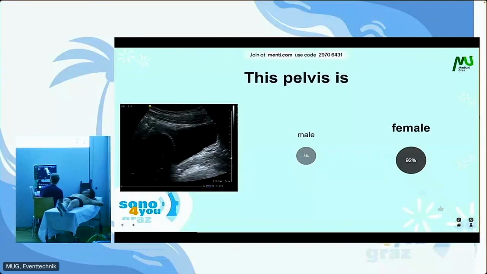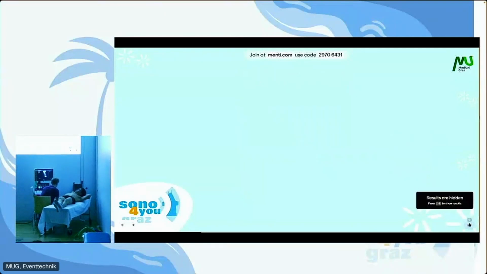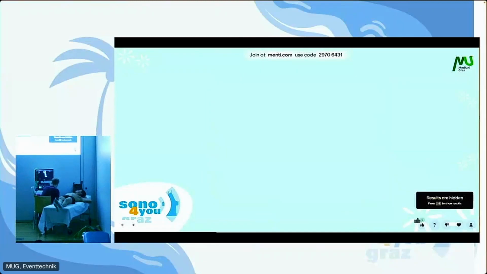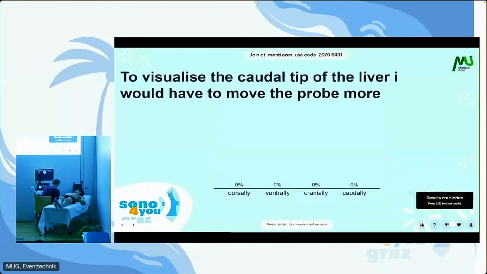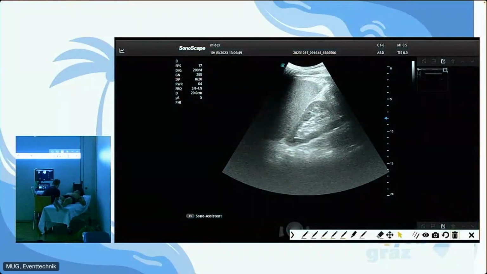Great job. 92% got it right. You're seeing the uterus behind the bladder, and in comparison, there's a male pelvis, no uterus, of course. Okay, now we're going back to the live image. Frozen.